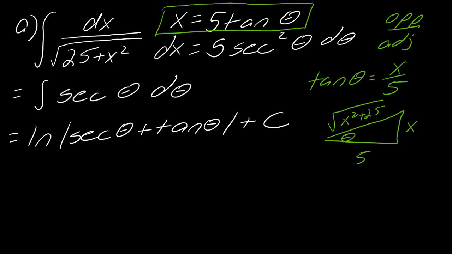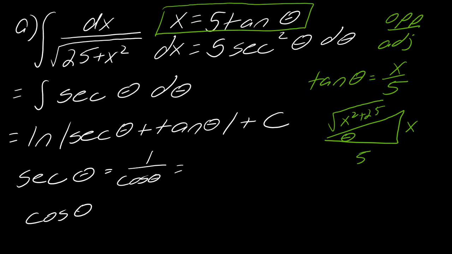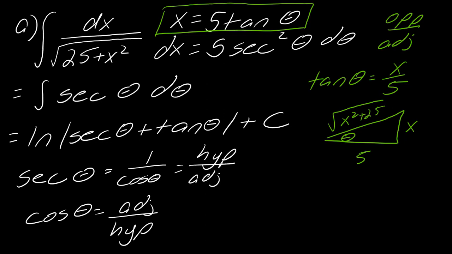Now to get these different values, so secant theta, just in case you're getting a little tripped up by the trig, you can always go back to the fact that this is 1 over cosine theta. Cosine theta, so again, you go through your SOHCAHTOA, so maybe I'll just write it all out for you. Cosine is usually adjacent over hypotenuse. Therefore, secant theta will be hypotenuse over adjacent.